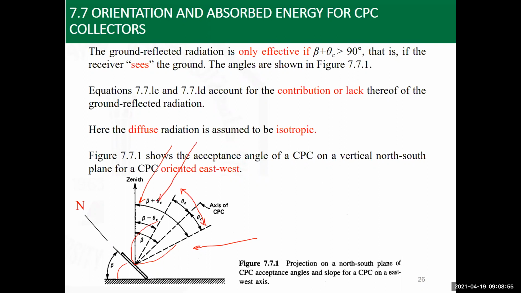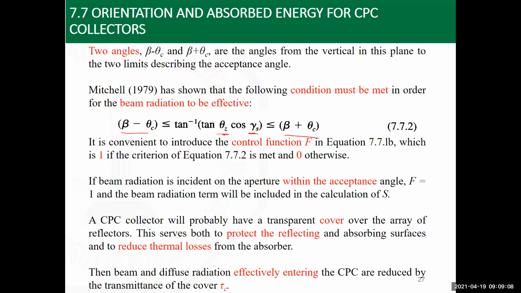Normal energy falling outside this, either from this side or from that side, is not going to fall inside the collector, and accordingly there will be no collected beam radiation component. So if the beam radiation is incident on the aperture within the acceptance angle, then F is going to be equal to 1, otherwise F is going to be equal to 0.